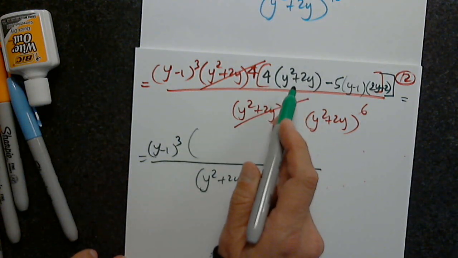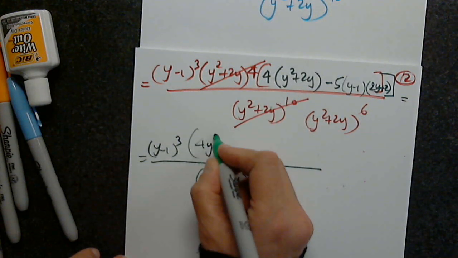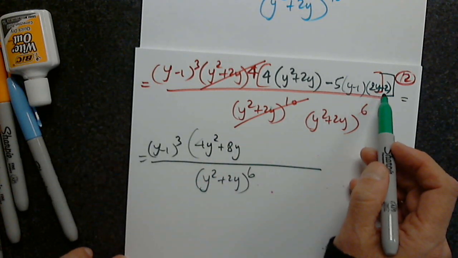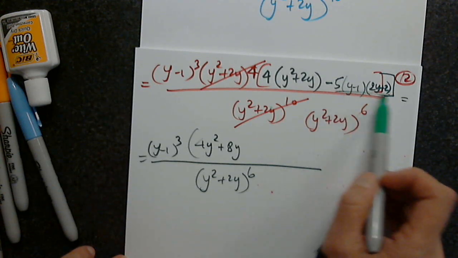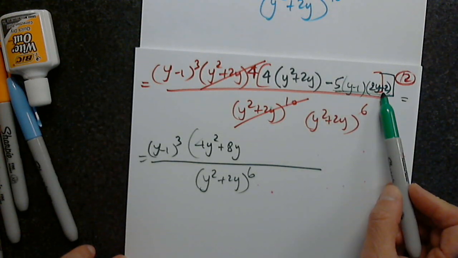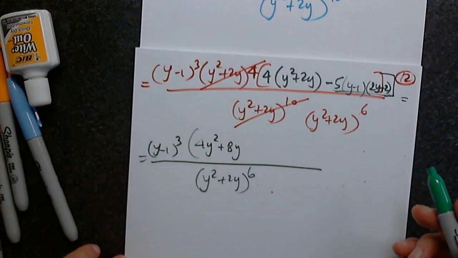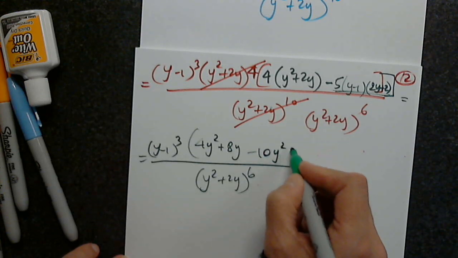No problem to distribute here. 4y squared plus 8y. Now, here's how I would like to multiply these 3. I have a y plus 1 here if I factor out a 2. Y plus 1 and y minus 1 is y squared minus 1, and I have to distribute a negative 10. So negative 10y squared plus 10.